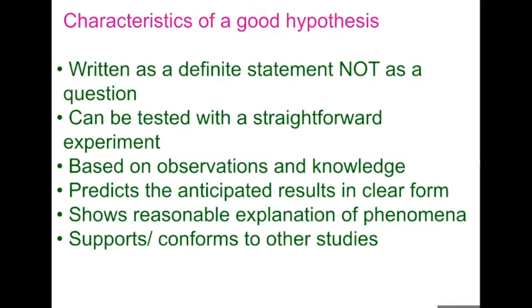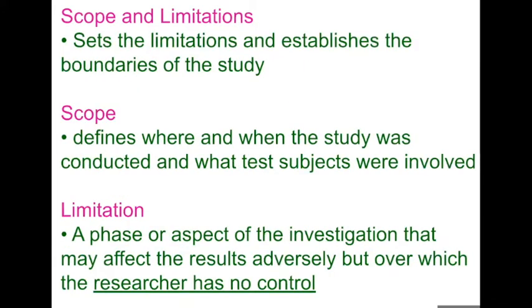Again, it should be backed up by previous work. Okay, it should predict the anticipated results. It shows a reasonable explanation of a given phenomenon and supports or conforms to other studies. Like I said, it should be supported by previous studies. Okay. Now, this is the important part.